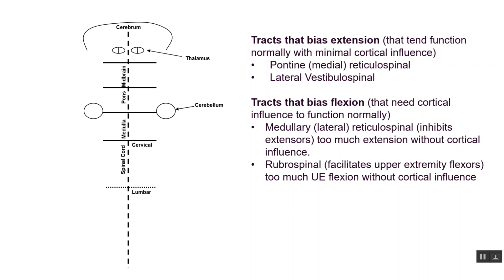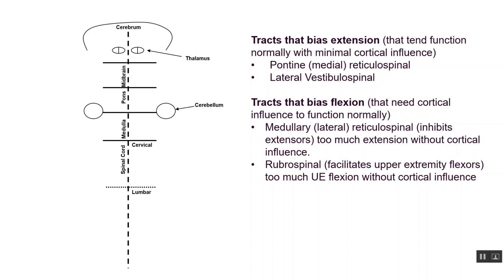So why do we get this bias to the positions with damage to the cortex or the brainstem? If you remember, we have certain tracts that tend to bias extension, okay, that arise in our brainstem. Some of these brainstem pathways are our medial activating pathways. If you remember, these medial pathways go to our posture and gross movements of our trunk and limbs.